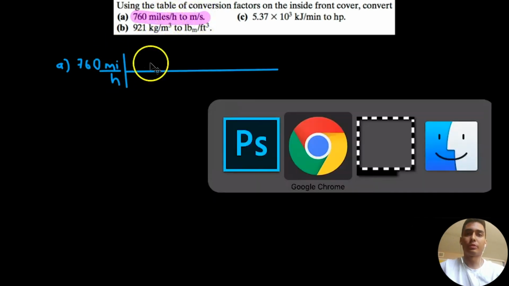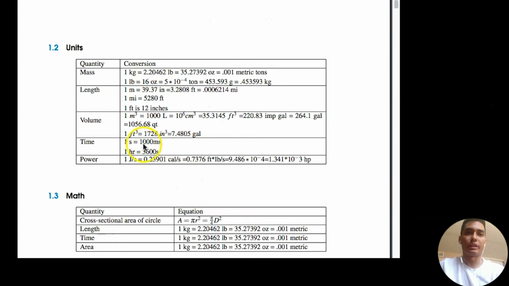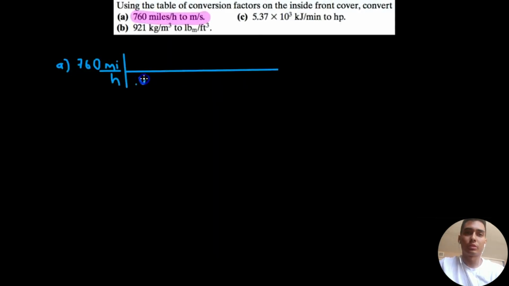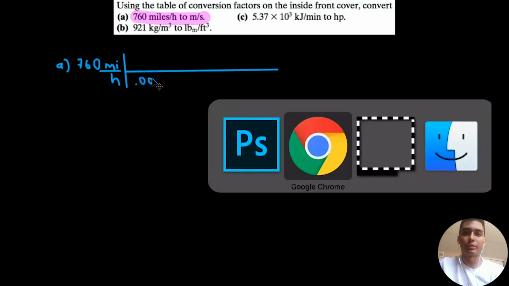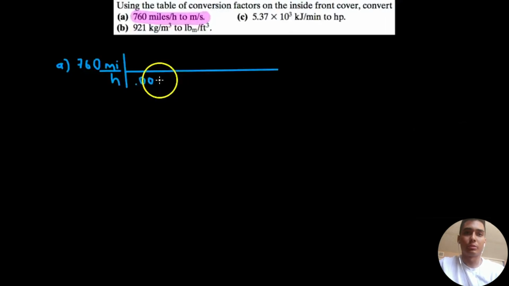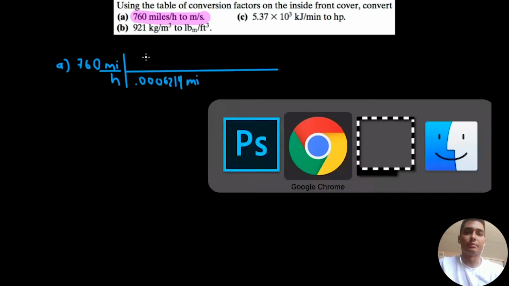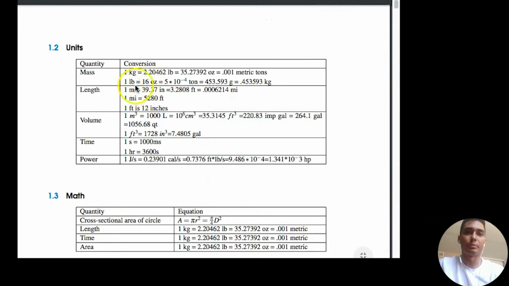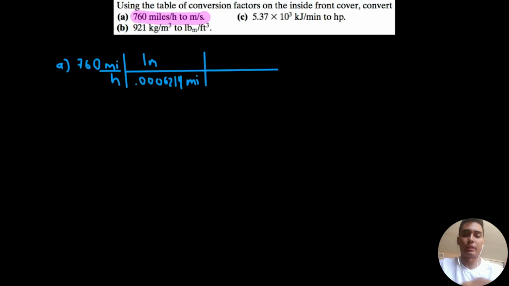We pull up this conversion sheet, and miles is a length, so we know that, oh look, 0.006214 miles in 1 meter, right? Great, so now we can cancel out miles and miles, and we have our meters, so that's good. Now let's simply convert hours.